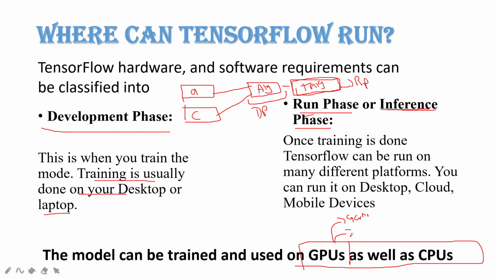If you have a large data set, you can use GPUs to run it. Normally, if you have a desktop without a GPU, you can run the algorithm on the CPU, or you can also use a GPU.